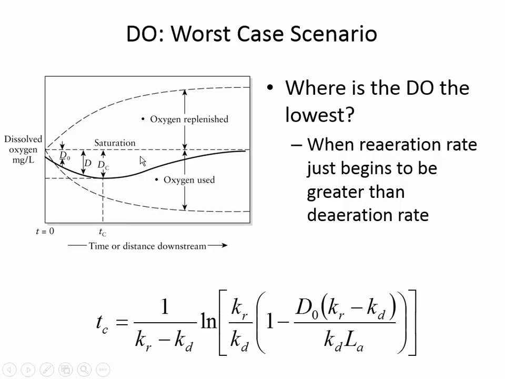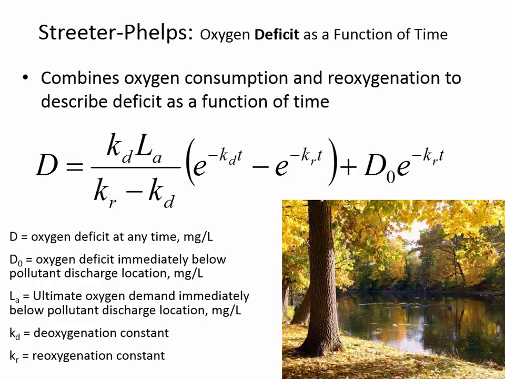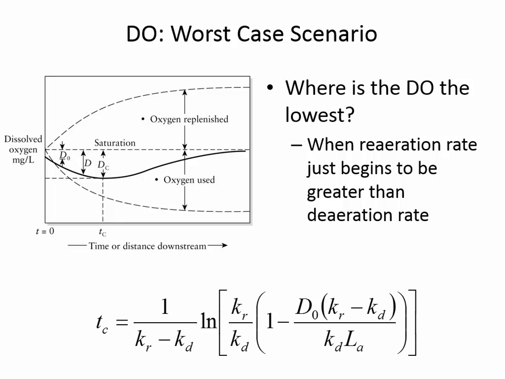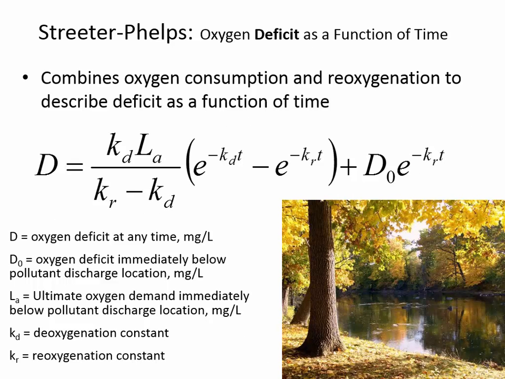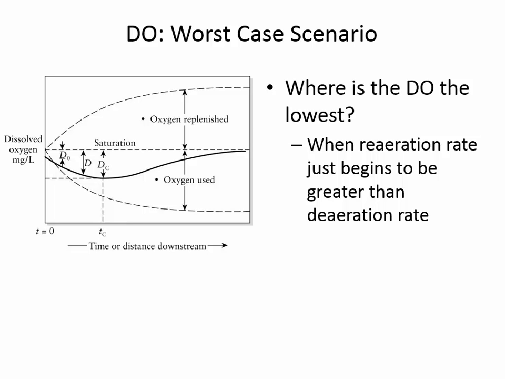And there's a formula that allows us to find out how long it takes to get to the critical time, and then we can take this T that we solve for at the critical time and put it back in the equation for deficit, and so we'd solve for the critical deficit, the largest difference between the saturation and the actual dissolved oxygen concentration. Where it says T, we'd find Tc, the critical time, and then substitute it into this formula, and that would tell us the largest D that we're going to see.